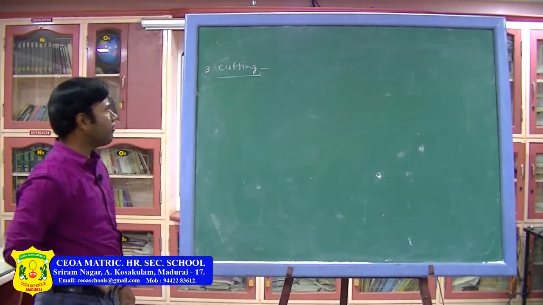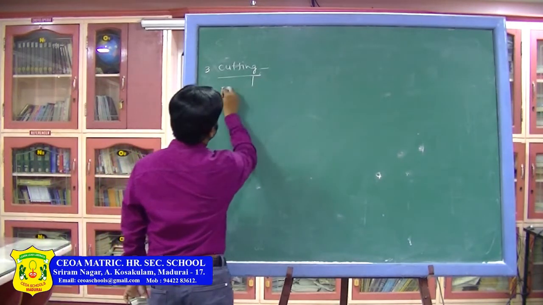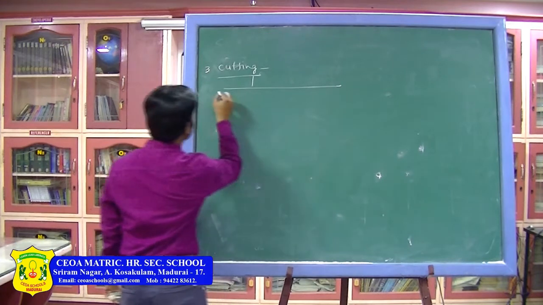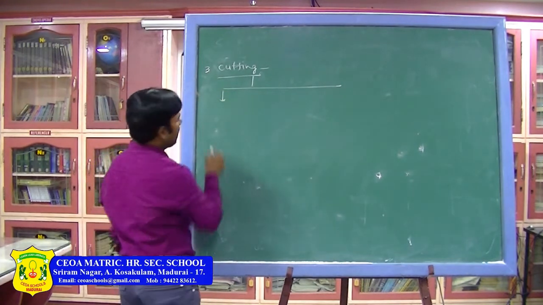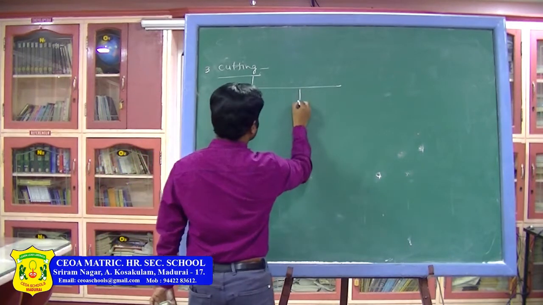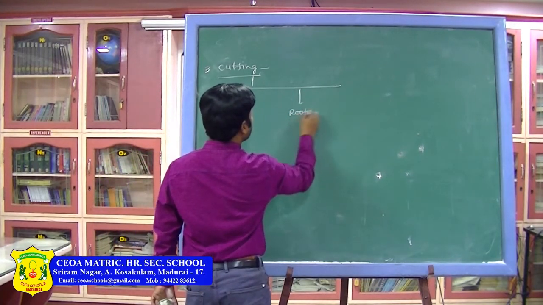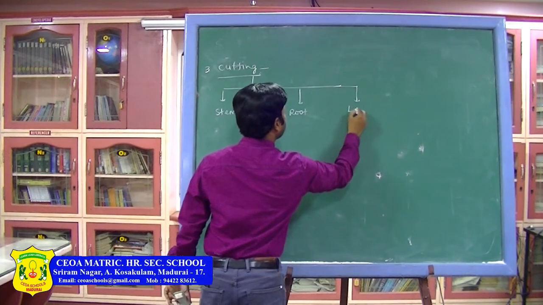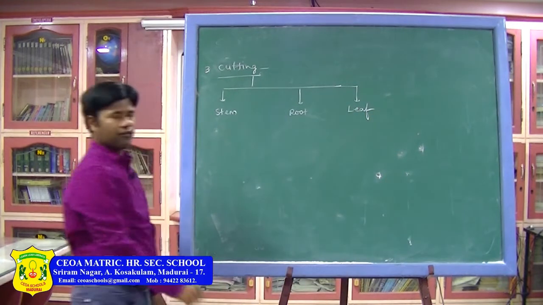Cutting means which parts do we cut? Usually vegetative parts. What are the vegetative parts? Stem, root and leaf. These are the vegetative parts of a plant.